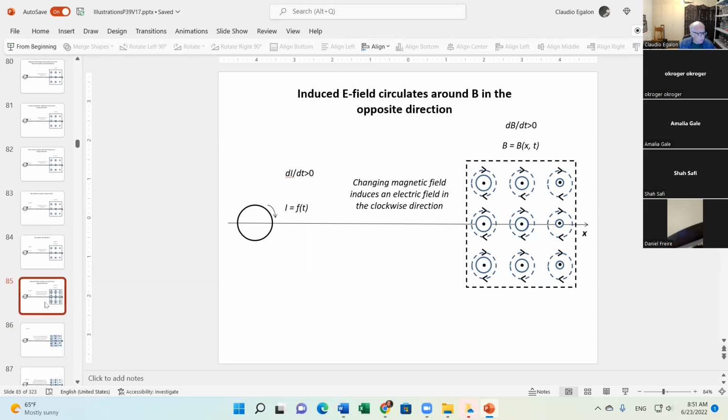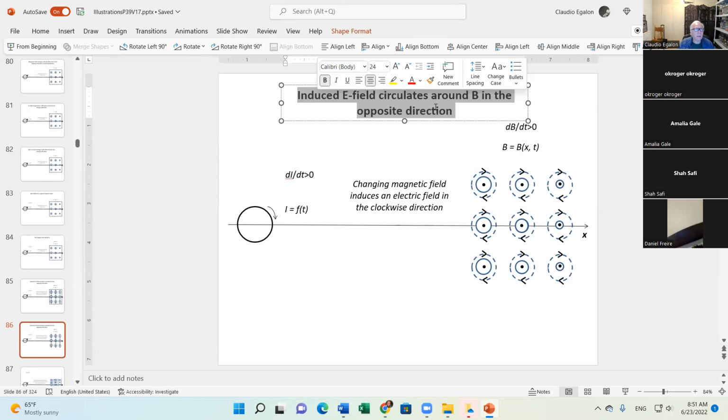I'm going to simplify my drawing by removing this box. This box was necessary only at the beginning. Oh, and by the way, E fields, notice what's happening here.